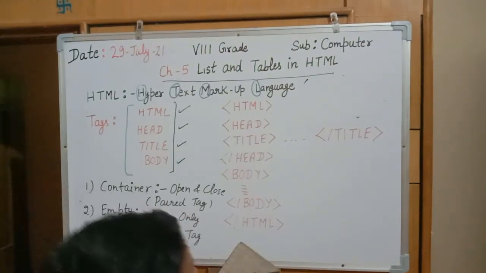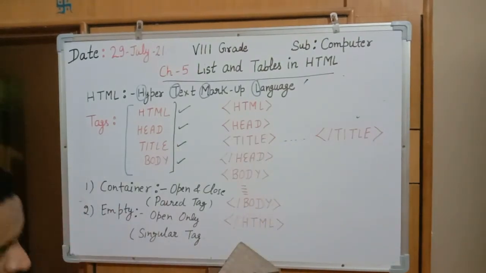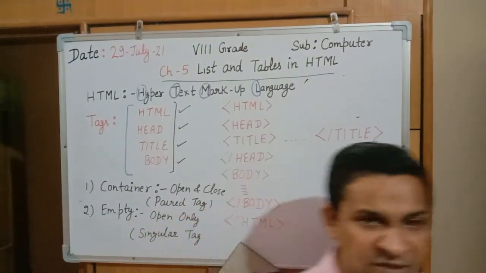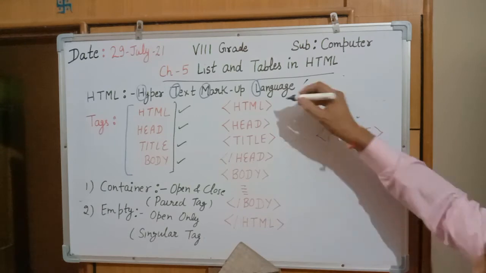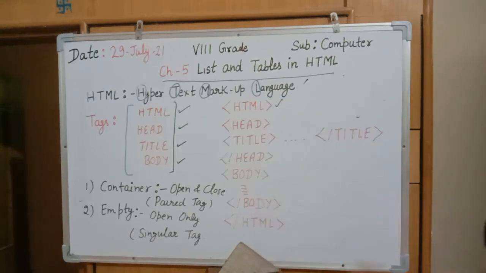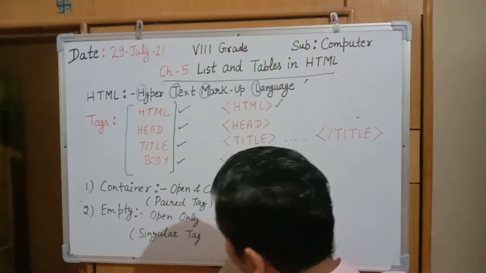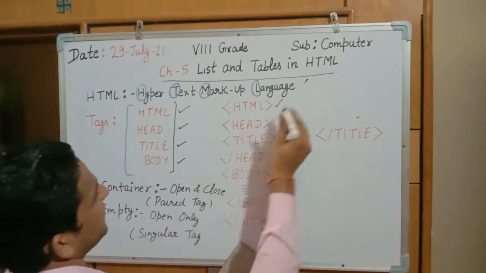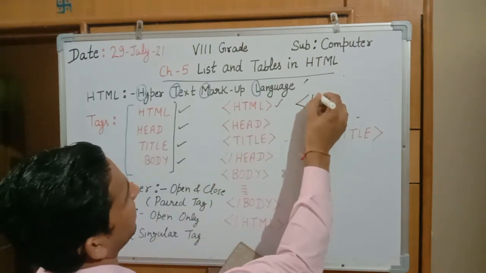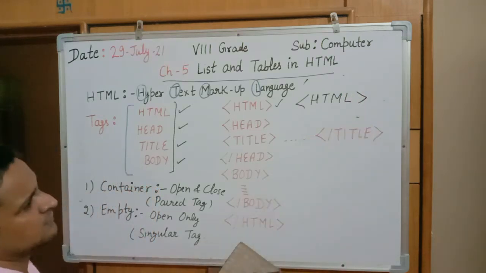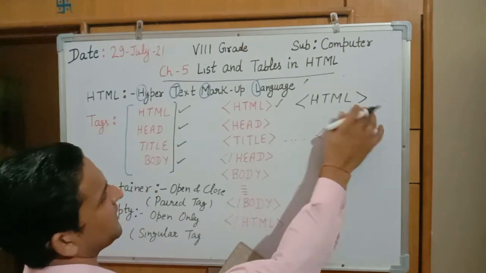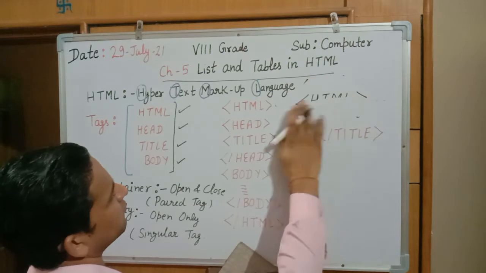Now the next part: what is the structure of an HTML program? At first you need to start with HTML, and every tag is written in opening and closing brackets, always in this form.